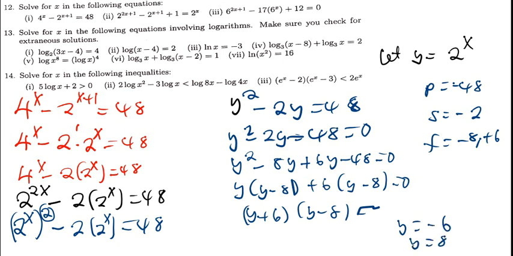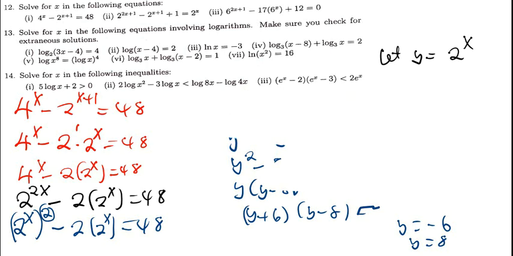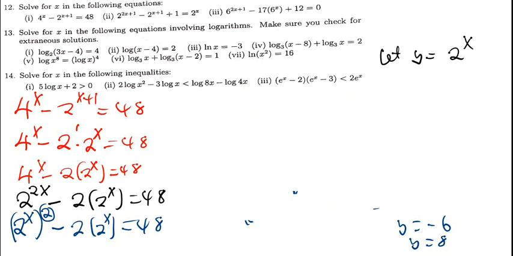I've got two values of y. But one thing should come to your mind: we had set y to be equal to 2 to the power x. So where there is y, we have 2 to the power x equal to, the first answer we found, negative 6. To find the value of x, I'm going to introduce ln everywhere, because I can't make the bases the same.